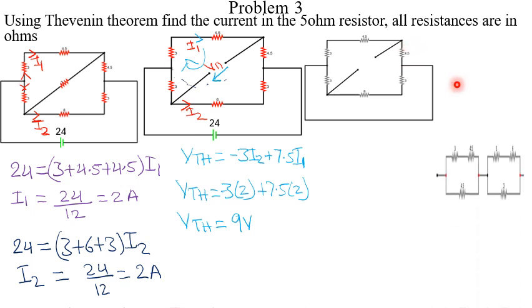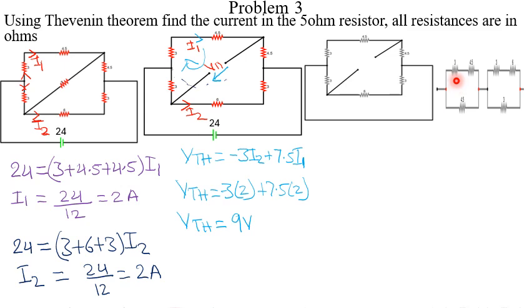So let me redraw the circuit. I've redrawn the circuit here. You see that 3 and 4.5 are in series and they are in parallel with this 4.5, and this 3 and 6 are in series and they are in parallel with this 3.